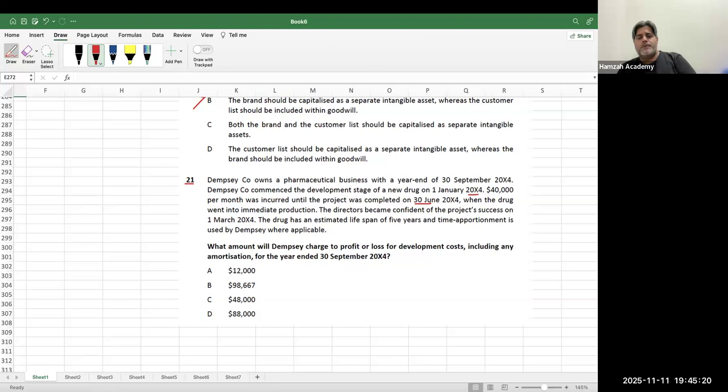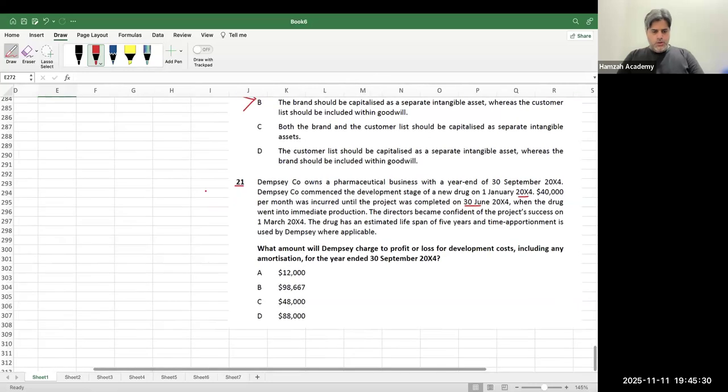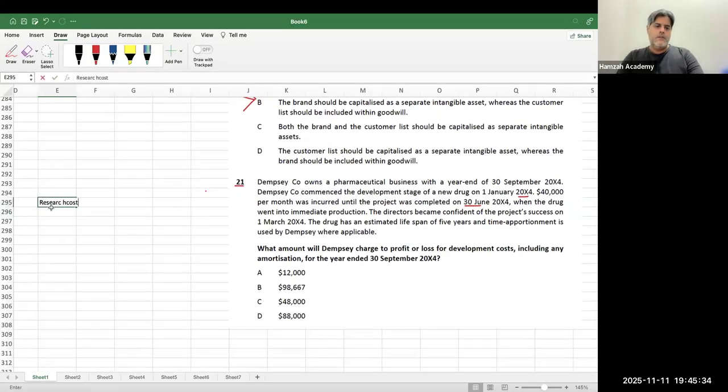Time apportionment where appropriate. What amount will Dempsey charge to the profit and loss for the development cost, including any amortization? So we are going to have the research cost. We became confident on 1st March, so January, February, 2 months.